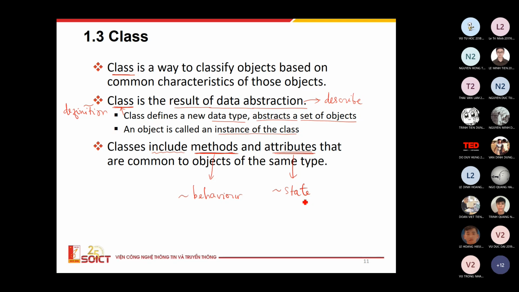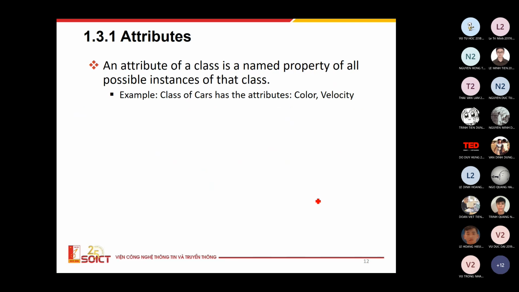Okay, remember it. We talked about it already. One of the two parts of the class is the attribute and the method. And now we talk about the attribute.